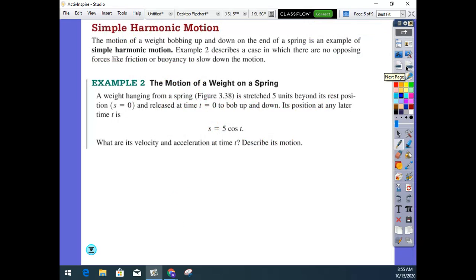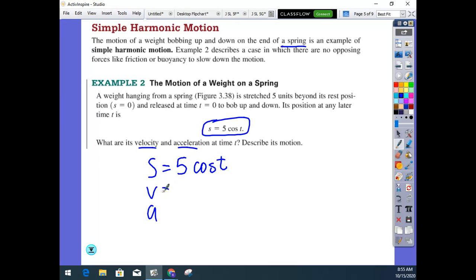Simple harmonic motion, just think about like if you've got a weight on the end of a spring bobbing up and down. If you look at the example on the next page, we're looking at the S function. They want to know velocity and the acceleration. That's just SVA. So if S is 5 cosine t, the derivative of S is velocity.